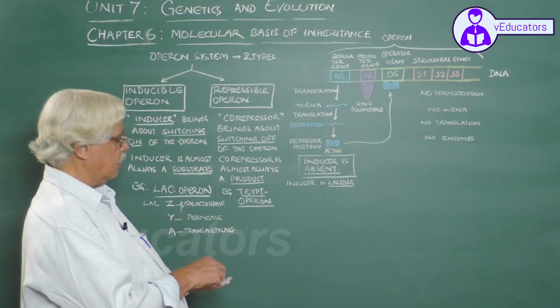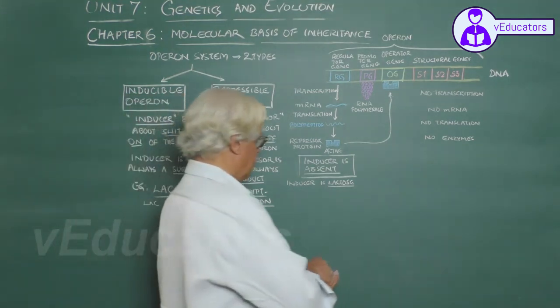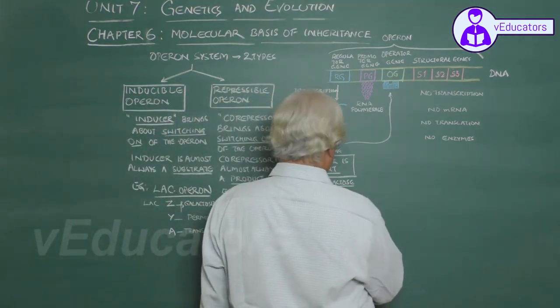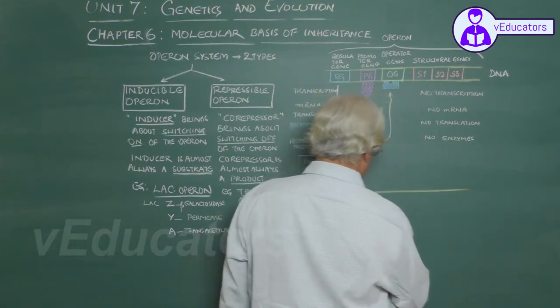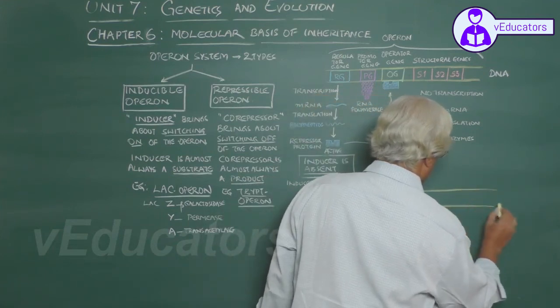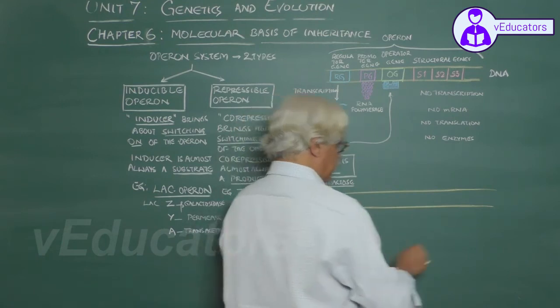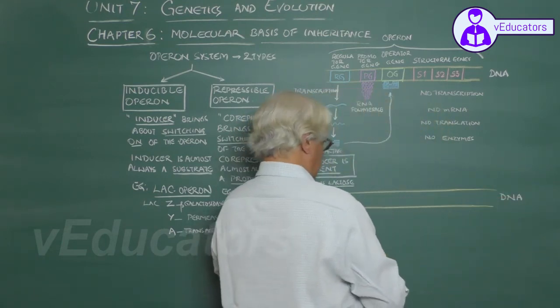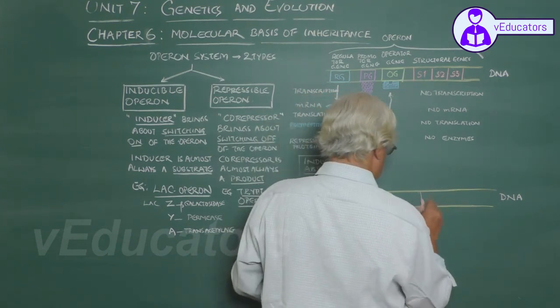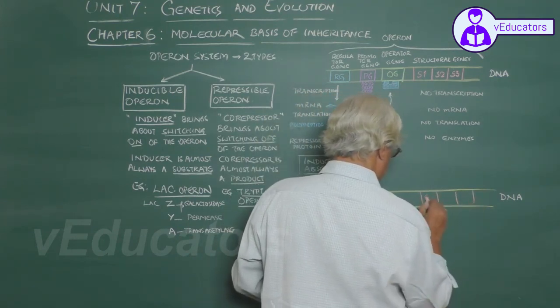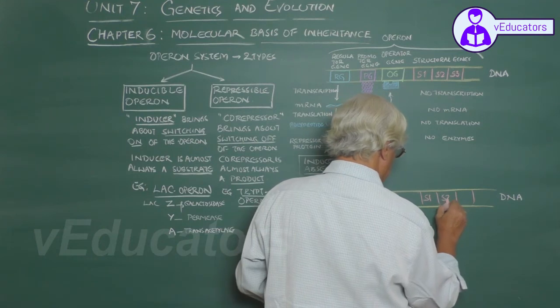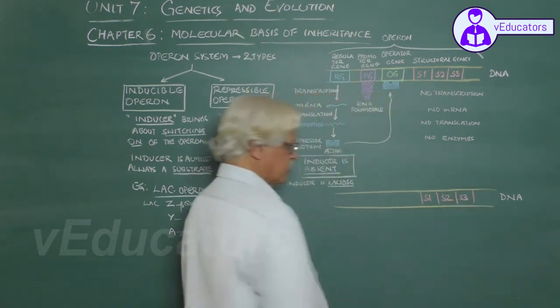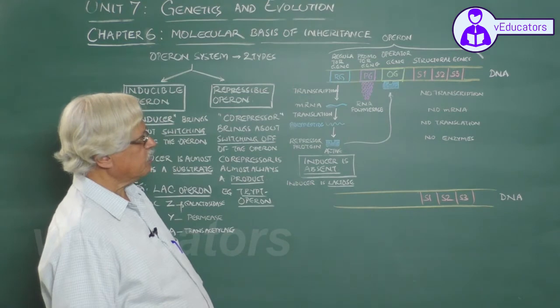Let us see what happens when inducer is present. This is the DNA. These are the structural genes, S1, S2, S3.